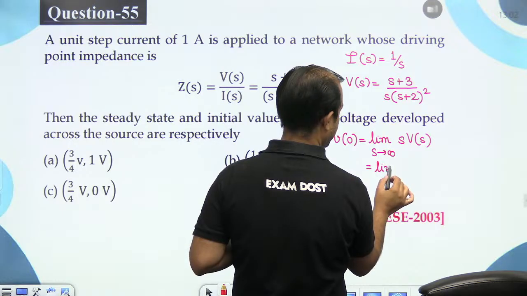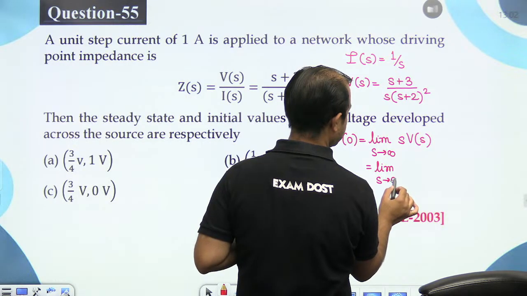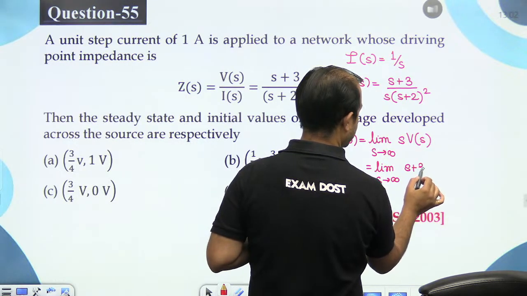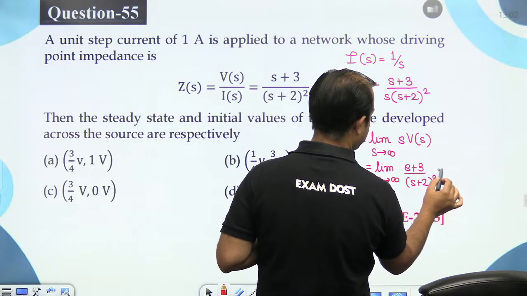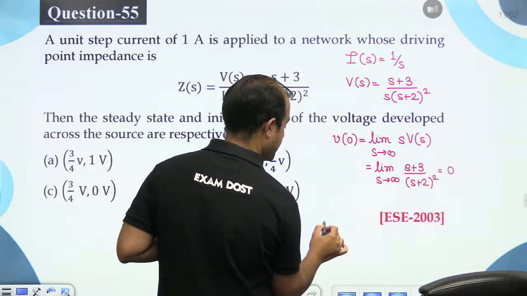I'm applying initial value theorem. So now the numerator is a linear term, denominator is a quadratic term. So this will be 0.